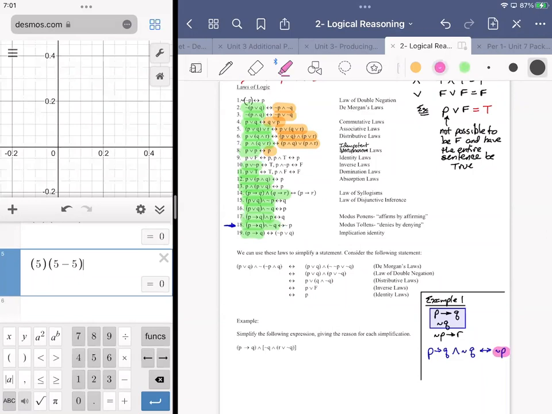We now know not P by the modus tollens law is a true sentence. All right, so that's our justification. We know not P is a true sentence based off of modus tollens. Right?